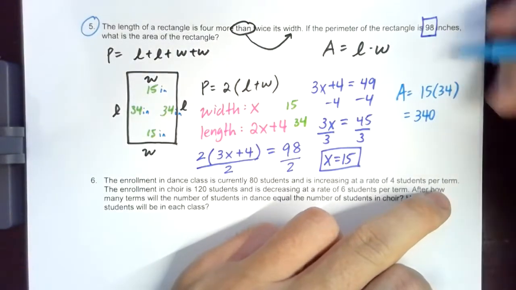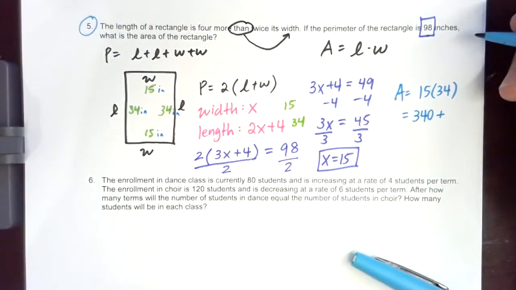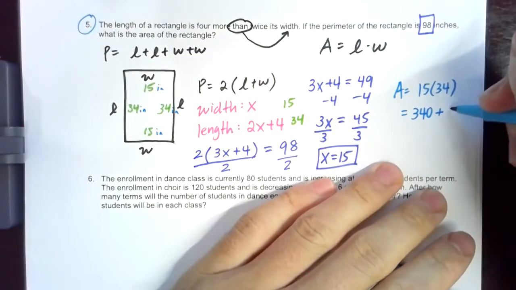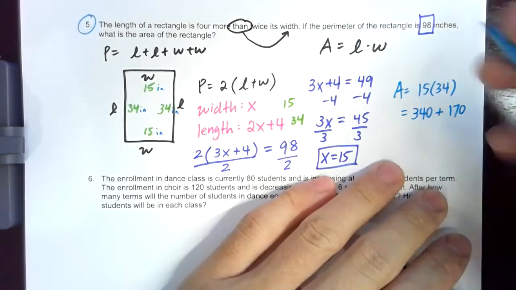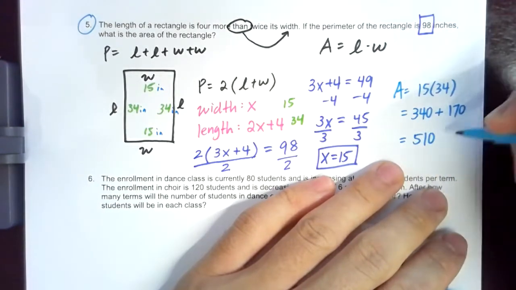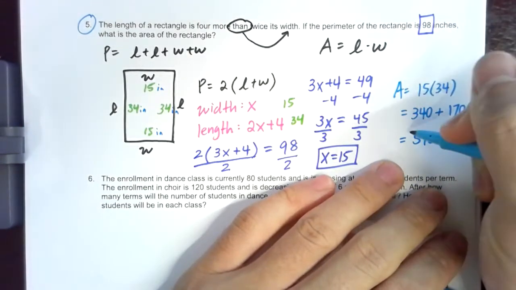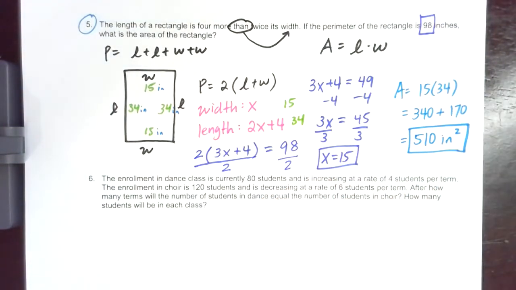Well, I know that's going to be 340, right? 15 times 10 plus 170, isn't it? Because 34 times 5 is 170, and this gives us a grand total of 510, and you want to label it inches squared.